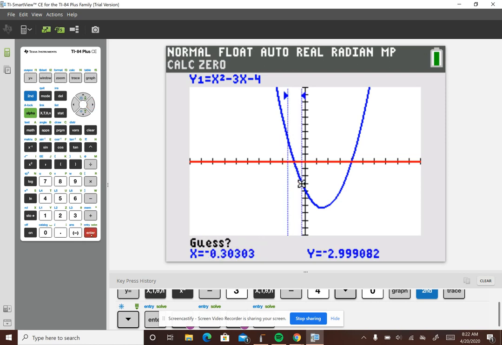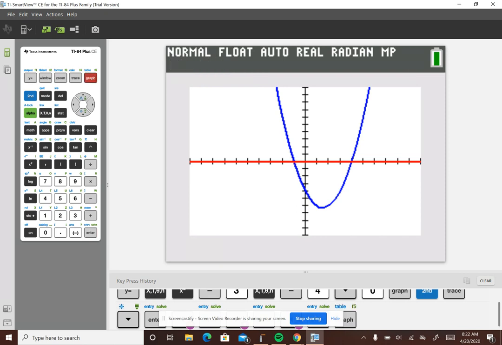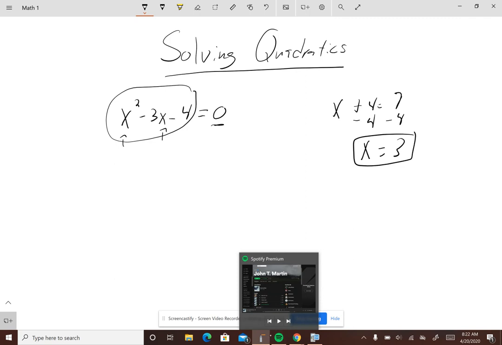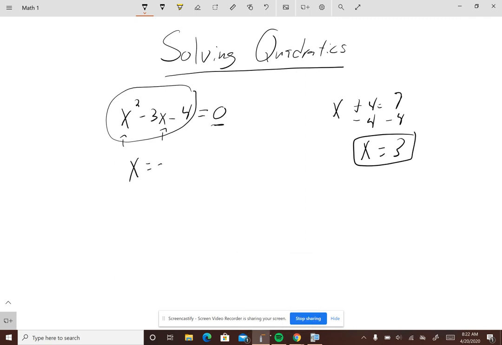Okay, and then it says guess, and so I'm going to get kind of close. Enter, and you see that my first zero is, if I plug in -1, then y is going to equal 0. Okay, so that's a solution. And then I could go back and do that for the other one too. Okay, and so the key here is the roots is where it makes it equal 0. So in this case, x was equal to -1 and 4, right, as my answers.